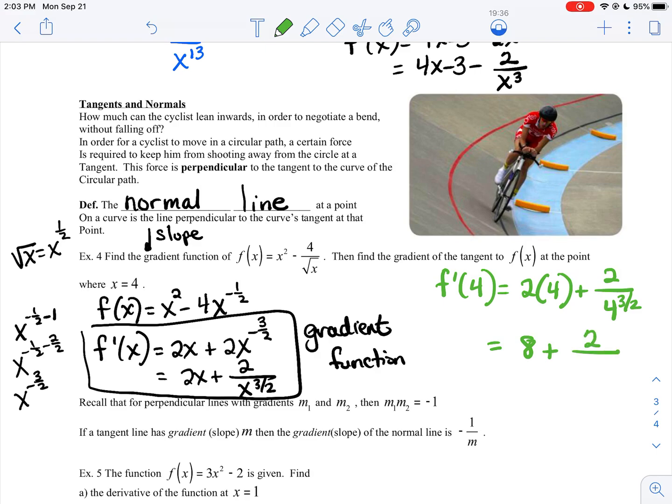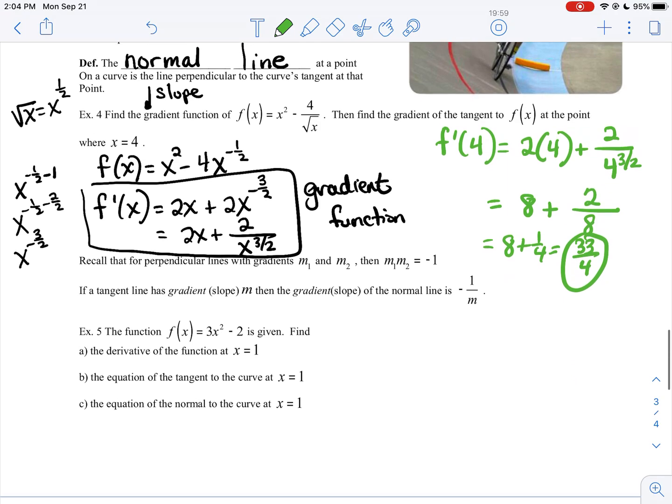Now let me do a quick refresher, okay? We did this in Algebra 2. The 3/2 power means the square root of 4 is 2, 2 cubed is 8. So that's 8 plus 1/4. And you can either write 8.25, or if you get a common denominator, that's 33/4.